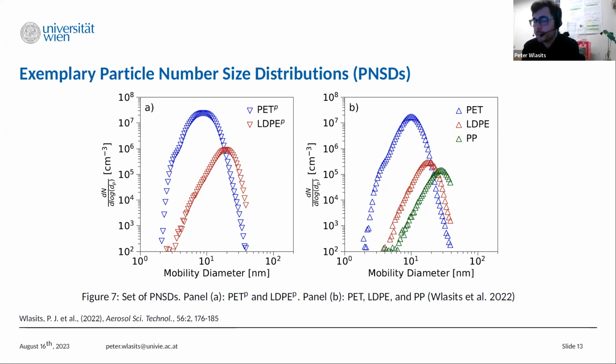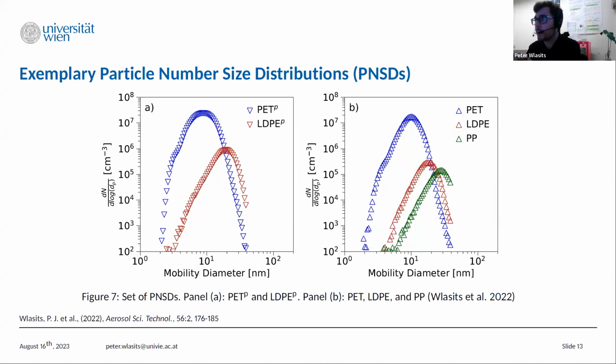I want to stress here that the size distributions can't be directly compared. You're going to see that in a moment because the settings were not exactly the same, but nevertheless it gives a good impression, if one keeps that in mind, of what to expect concerning the particle materials.